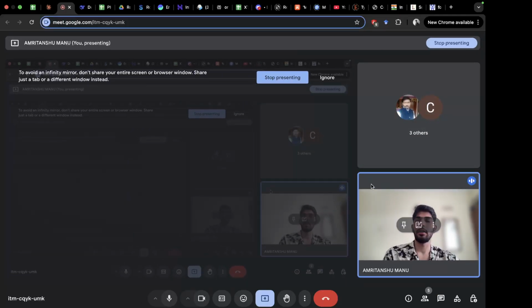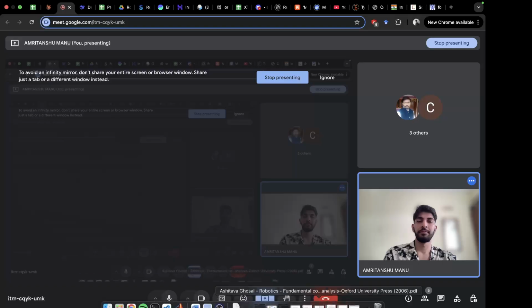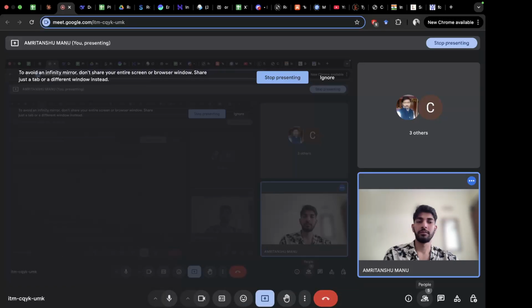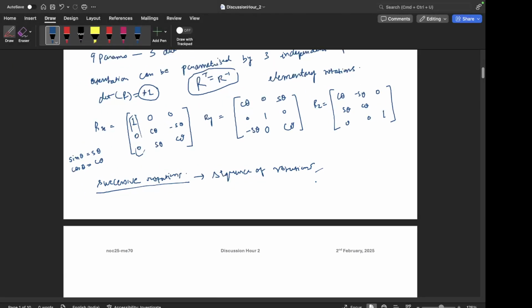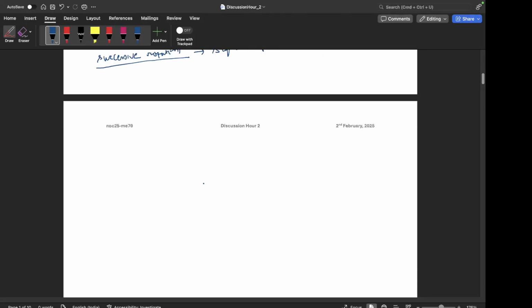These rotations are not clockwise, these rotations are anti-clockwise because we are taking the anti-clockwise direction as the positive direction. Okay, yeah, please keep asking questions whenever you feel any doubt.